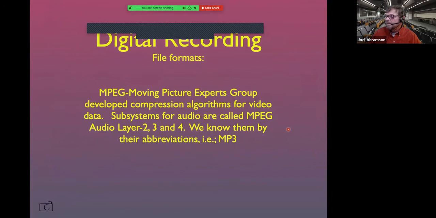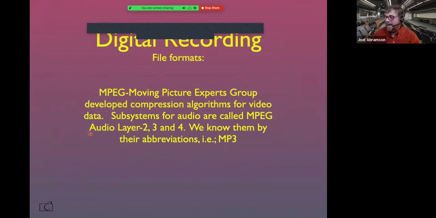So when they were coming up with these algorithms, what do they all mean, what are we going to do with them? There's this group of people, the Motion Picture Experts Group. They started classifying the different file types, and they came up with an algorithm that had subsystems for audio called MPEG, named after the Motion Picture Experts Group.